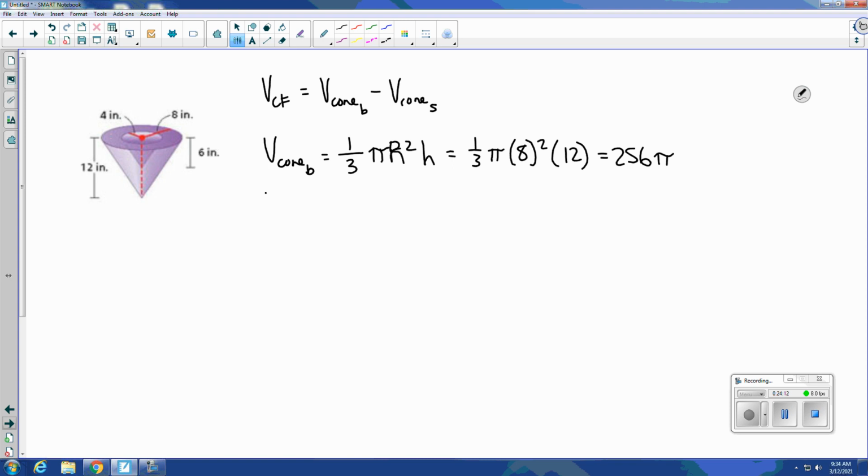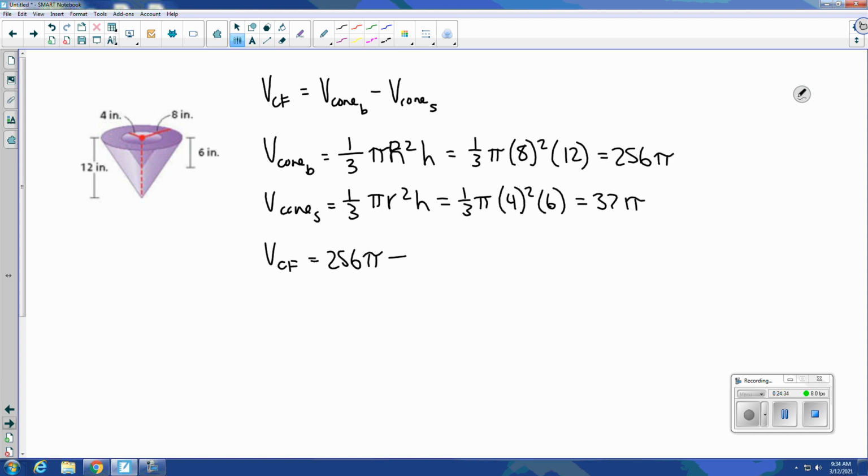Now let's do the volume of the small cone. Same formula. Our radius is 4. The height is 6. So now we'll have 16 times 2 pi, which is 32 pi. So total volume is going to be 256 pi minus 32 pi. And again, these are both in terms of pi, so we can combine them to get 224 pi.